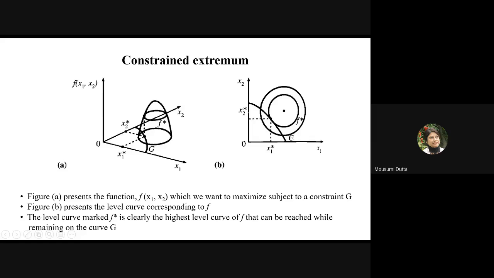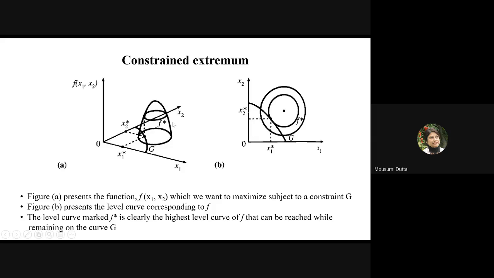In a similar way, here also there is a graph like this, so if there is this constraint, from this graph we can go to this particular graph. Here also, the same thing can be presented in this way. With respect to this constraint, you have to find the values of x1 and x2.